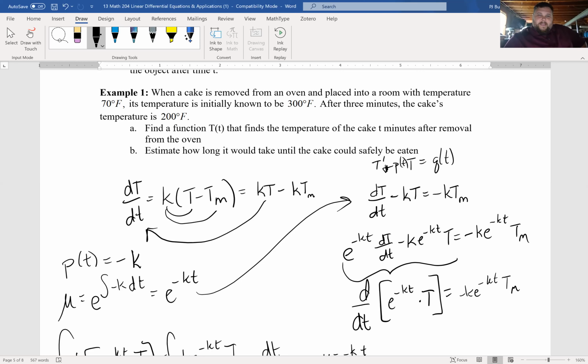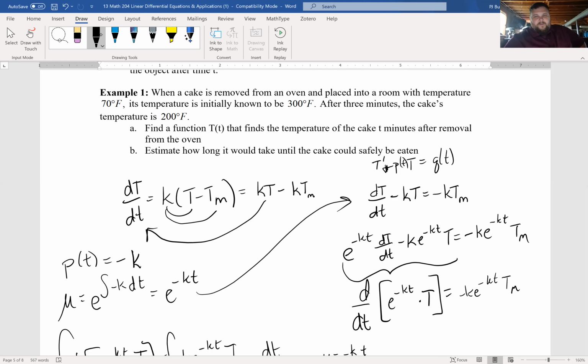So it says when a cake is removed from an oven and placed into a room with temperature 70 degrees Fahrenheit, its temperature is initially known to be 300. So the cake is 300. The room that it's placed into is 70. After 3 minutes, the cake's temperature is 200 degrees.